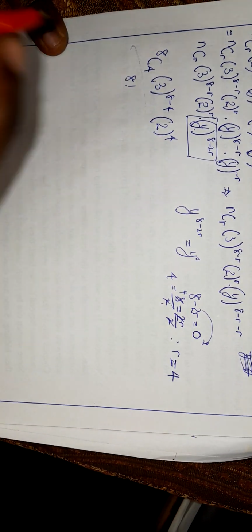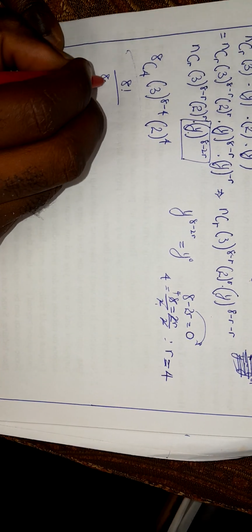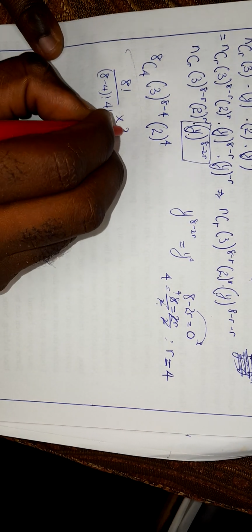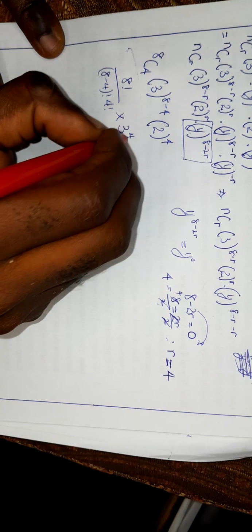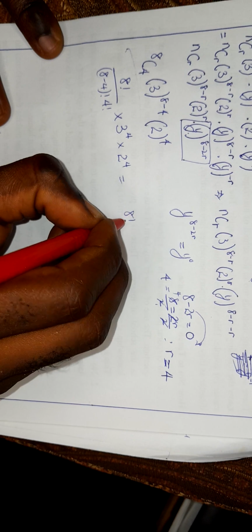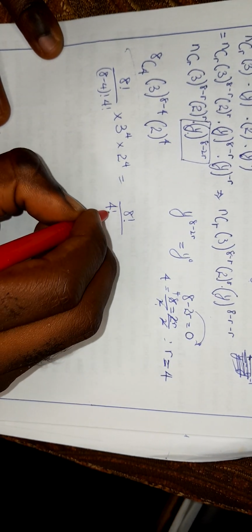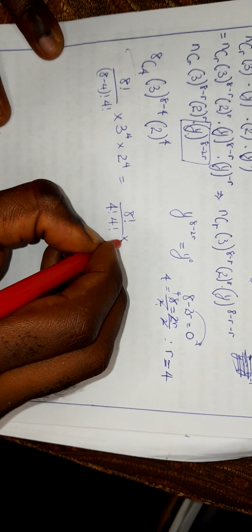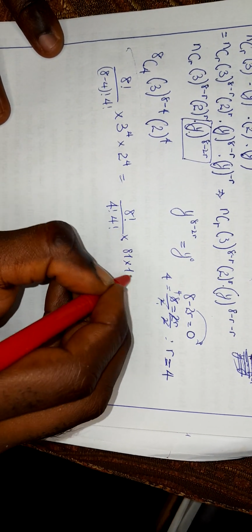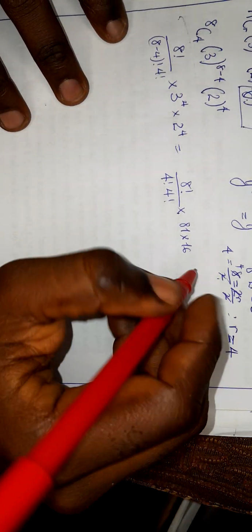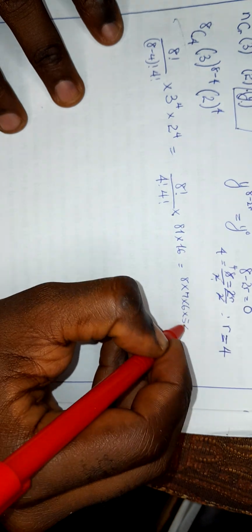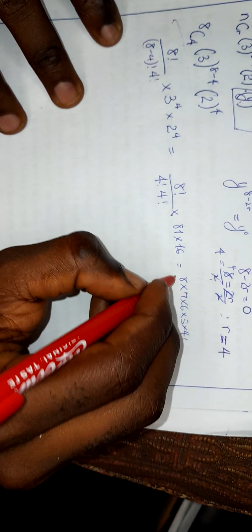To simplify this: 8 factorial over 8 minus 4 factorial, 4 factorial, times 3 to the power of 4 times 2 to the power of 4. So 8 factorial over 4 factorial, 4 factorial, times 81 times 16. So we're having 8 times 7 times 6 times 5 times 4 factorial. I'll stop at 4 factorial.